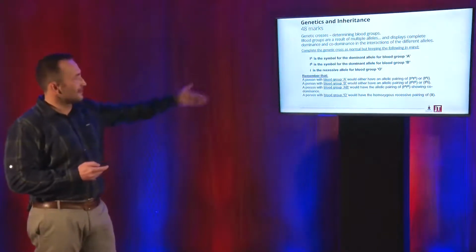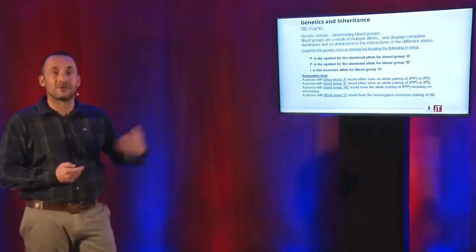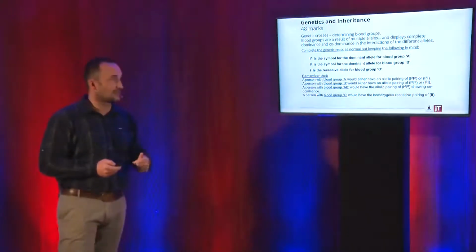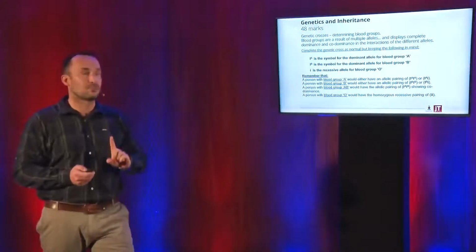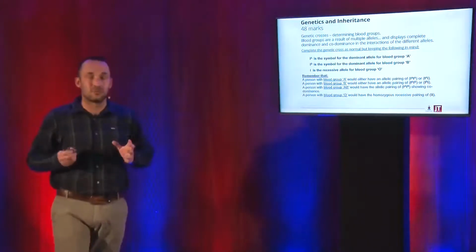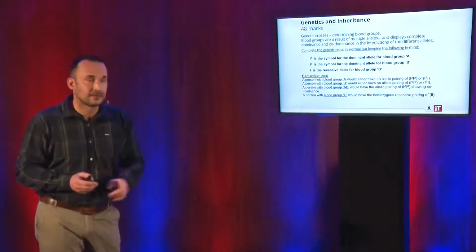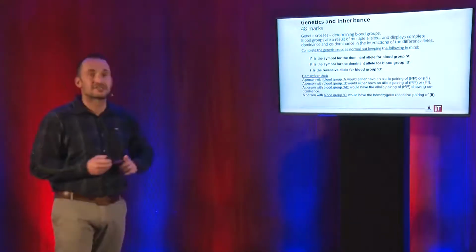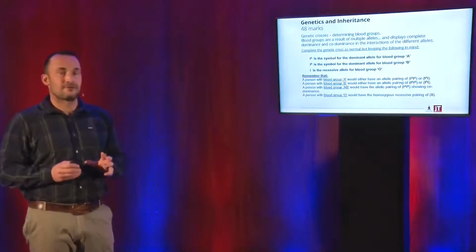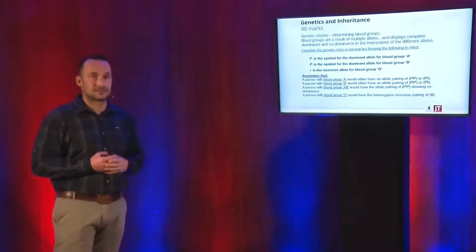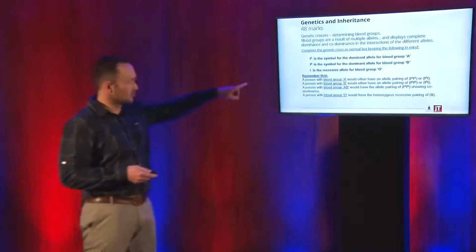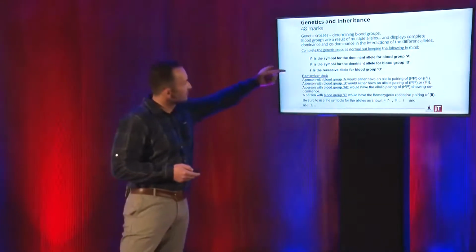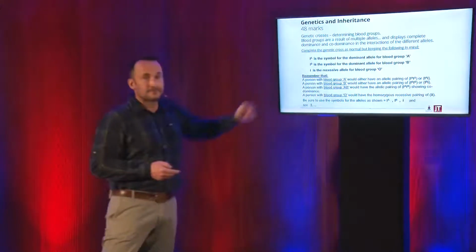Here is a little bit of a reminder of what I've just said to you, so spend some time on that. This is very, very important, and it comes up in every single paper. One thing I want to point your attention to is that when we are writing down the symbols for the alleles in terms of the genotype, we need to make sure that we are using the symbol that you see there.